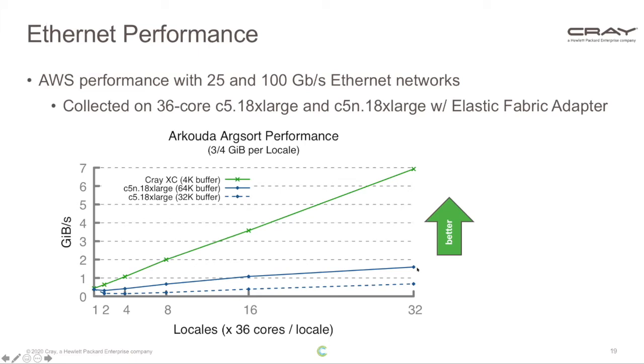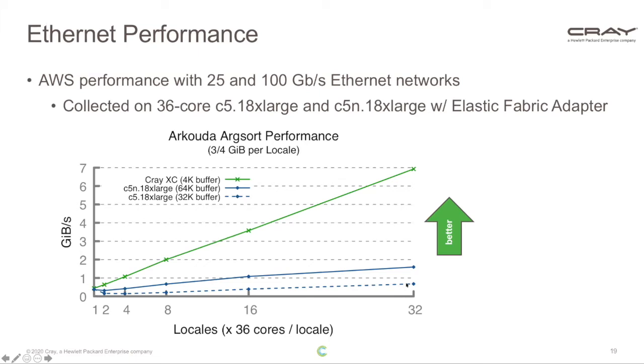And then looking at the truly commodity 25 gigabit Ethernet, it's around 10x off from the XC numbers, but still, considering we've done no tuning here, this is decent performance, and more importantly, we're still seeing scalability. So if you continue to add nodes, you would expect continued performance.